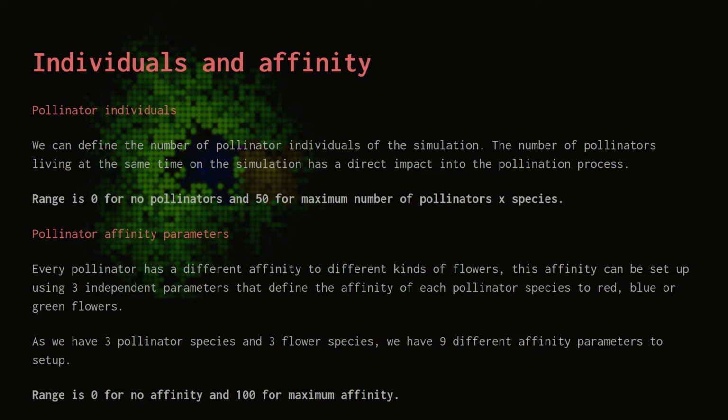We have also different kinds of affinity in pollinator-flower relations. So, for example, maybe we have some pollinators that have more affinity for one kind of flower than the others. Okay, so we can see what happens if we change this behavior of the pollinators.